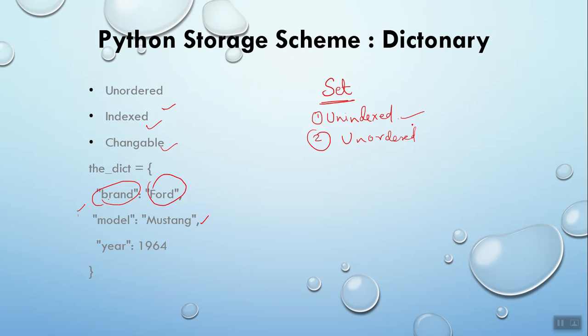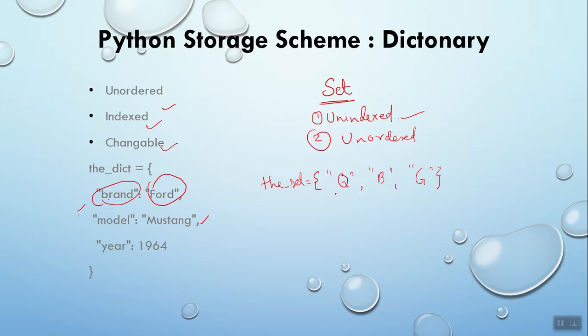To explain unindexed, let's first take an example. A set starts with curly braces. Suppose there is Q, and then there is b, then there is capital B. This is basically the set.